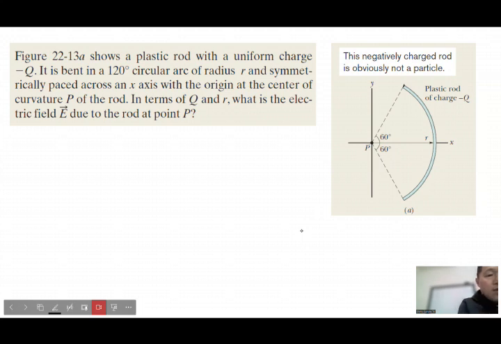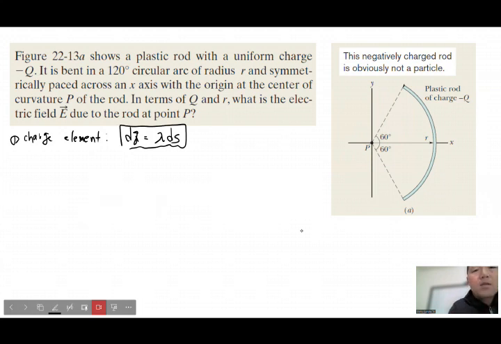The first step is to estimate the charge element. The charge element of this arc is dq, which is the charge density lambda times the length of a small line element ds. The charge density on this line charge is lambda, and we are looking at the electric field from this small line segment ds.